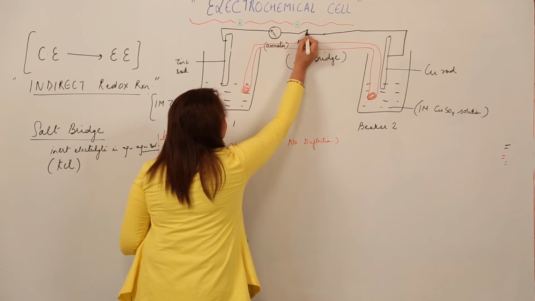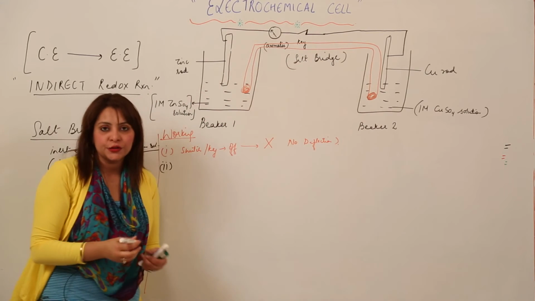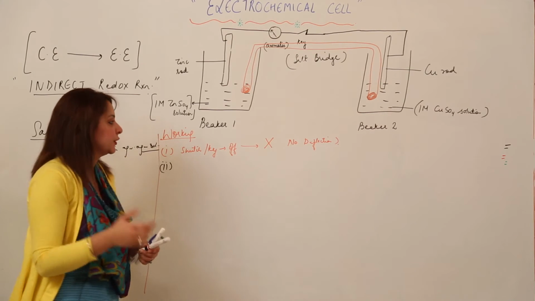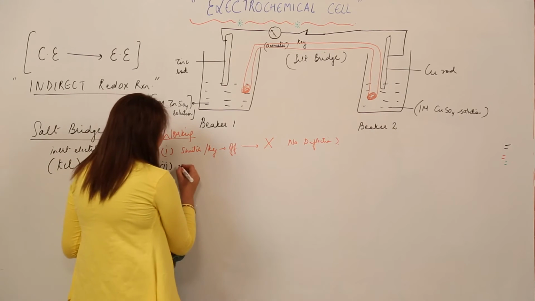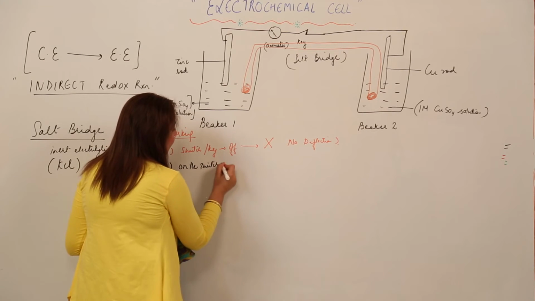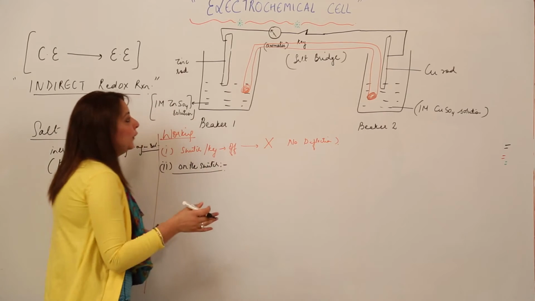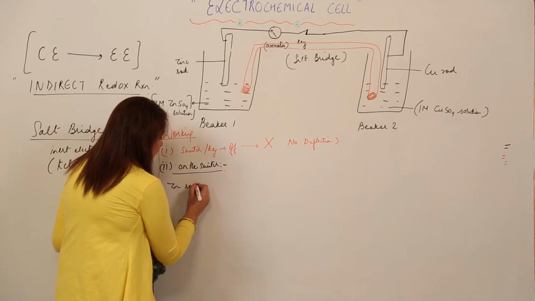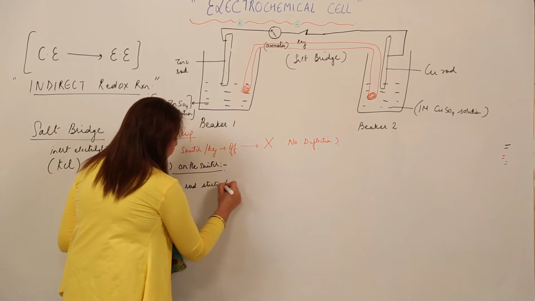Look, I've switched on this key. You can use the word key or you can use switch. So what happened? We switched it on, and then we see that this zinc rod starts losing weight.